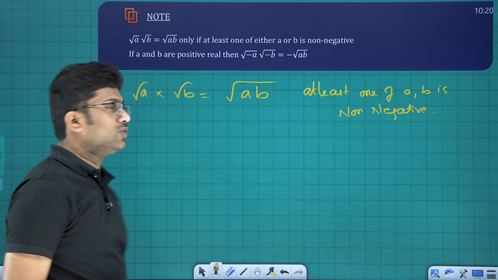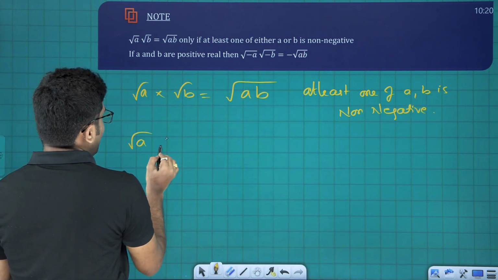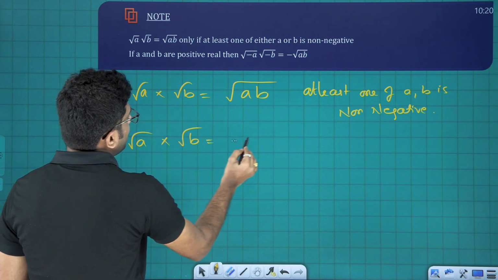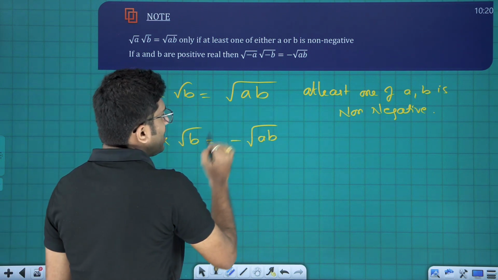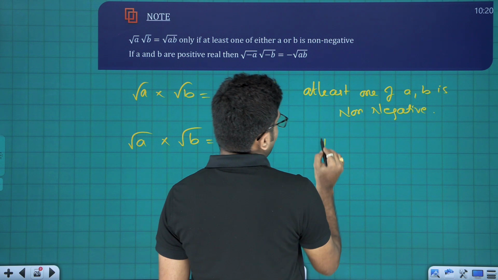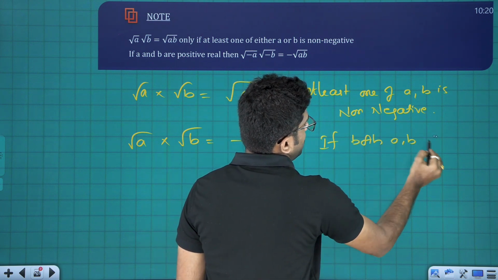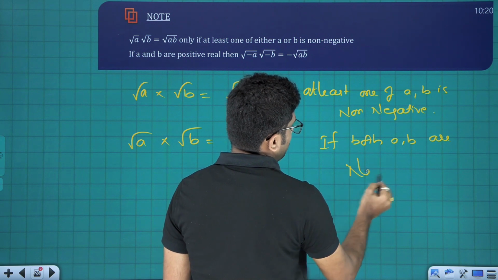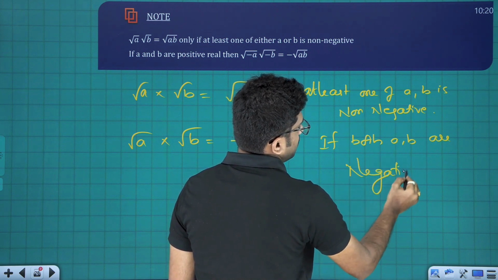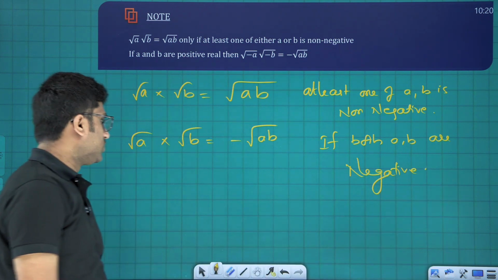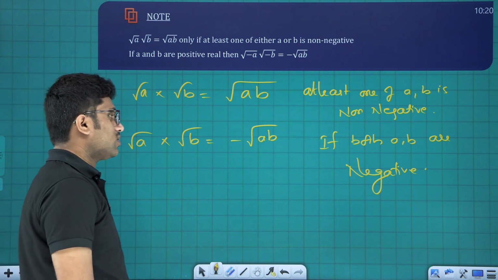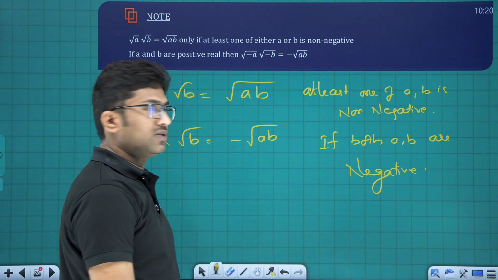If both A and B are negative, then we write it as minus root AB. If both A, B are negative, then root A into root B is equal to minus root AB. Clear?